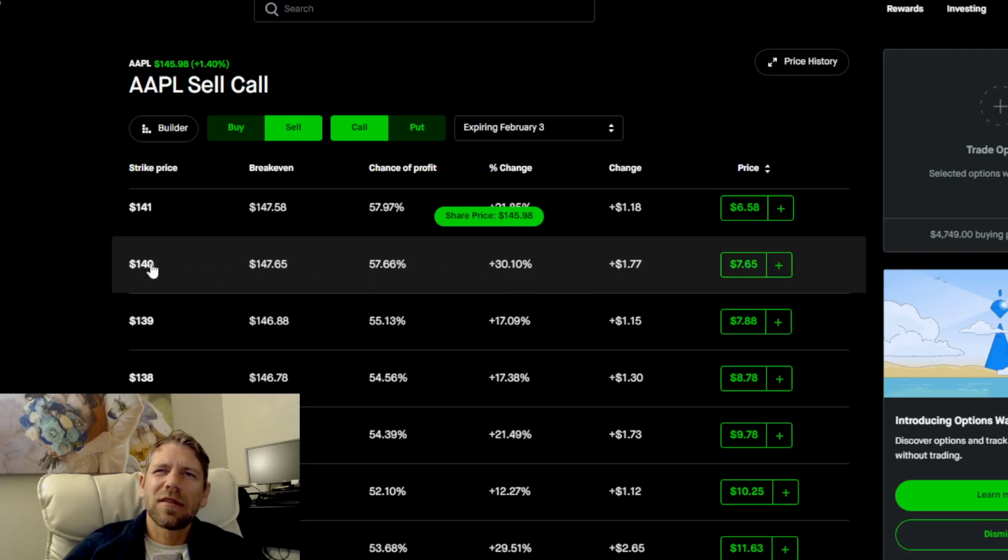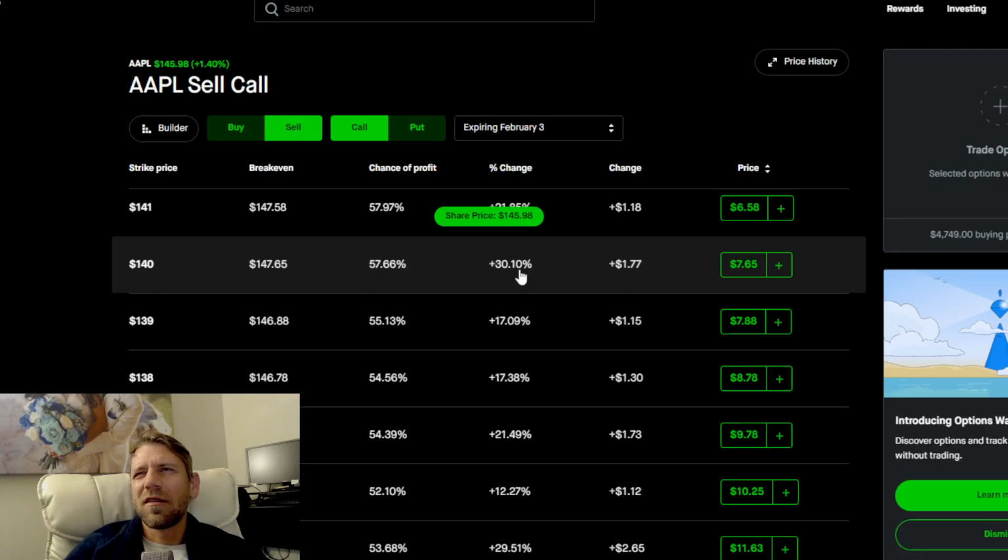So you get up to 140 per share plus the $765, which is a total break-even price of $147.65. That is to say that you break even at $147.65. Pretty easy to understand.